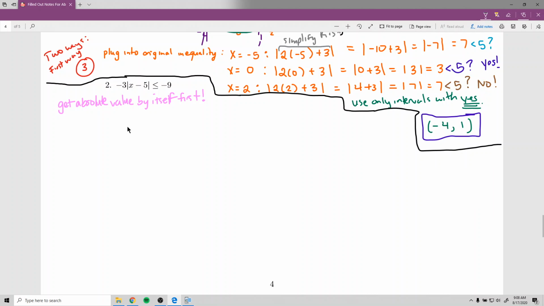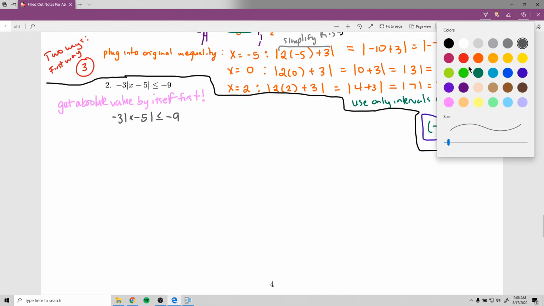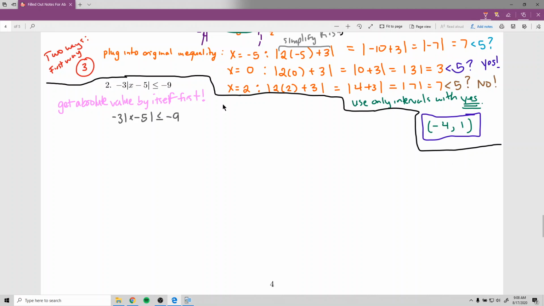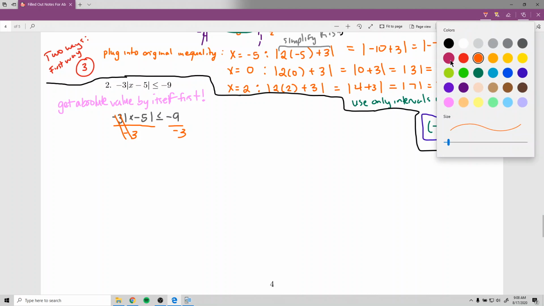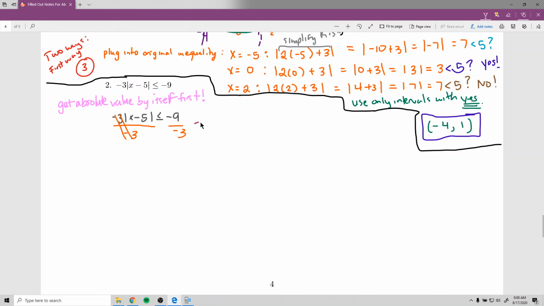All right, so I'm going to rewrite the problem. And just like I would with the equal sign, when I want to solve it, I want to divide off, get rid of that -3. Now, one thing to remember when you have inequalities, if we divide by a negative number, we have to flip it.